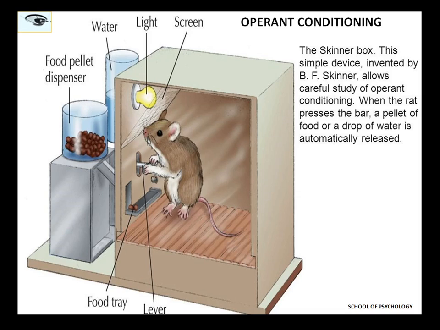So it becomes an operant response, or voluntary behavior, and getting the food is the consequence, the result of it. This kind of learning is also called instrumental conditioning. Now, why? Because the response is instrumental in getting the food.